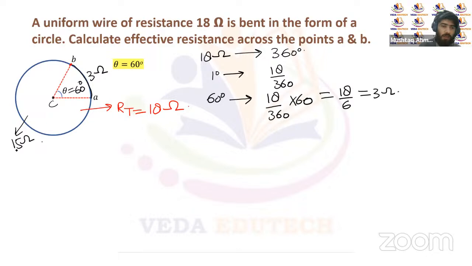That's 18 minus 3, which is 15 ohms. So the rest part of this circle will have a resistance of 15 ohms.